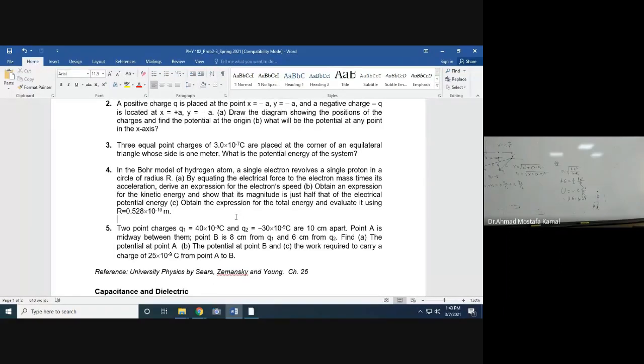আচ্ছা, so you got both the kinetic energy and potential energy. So if you have both kinetic and potential energy, what is the total energy?